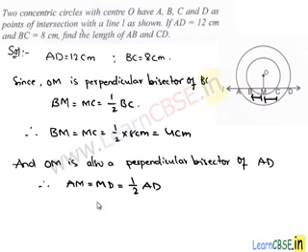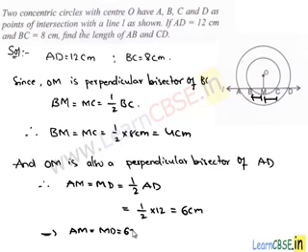Here we are given the value of AD, therefore we get half of 12 centimeters, which is 6 centimeters. We obtain the length of line segments AM and MD as 6 centimeters.